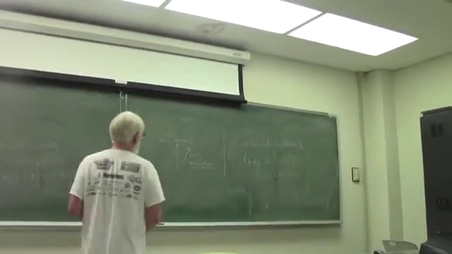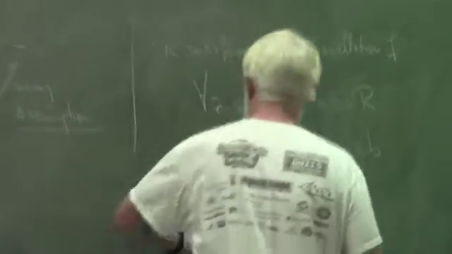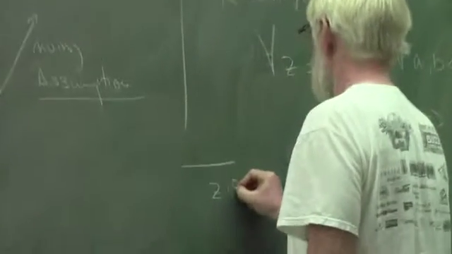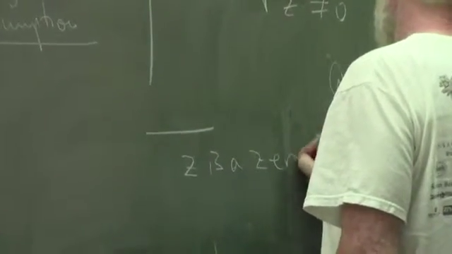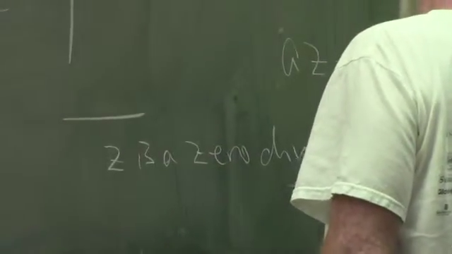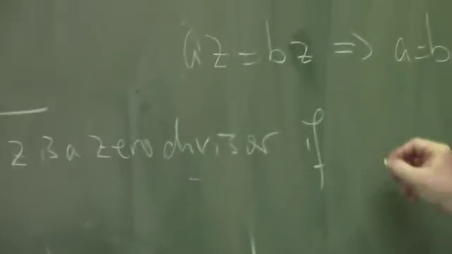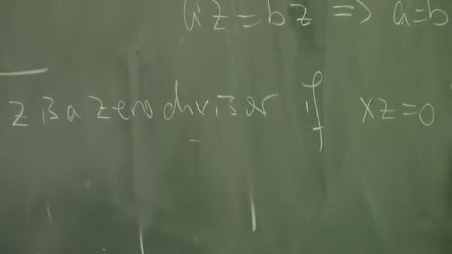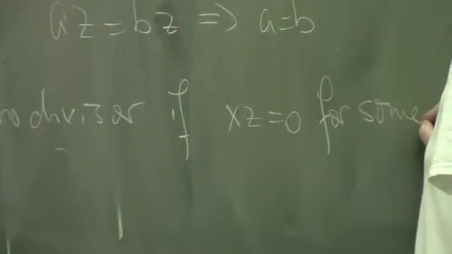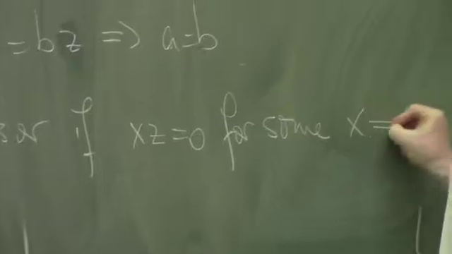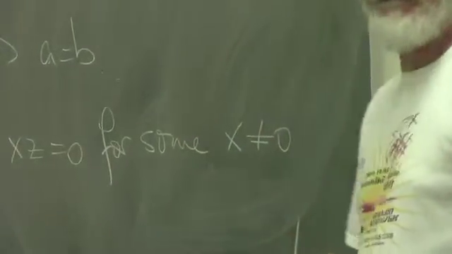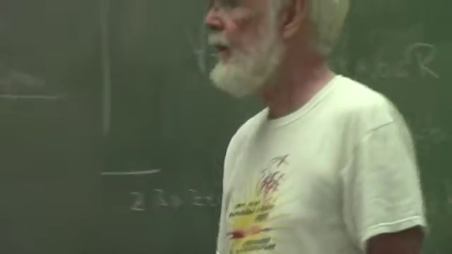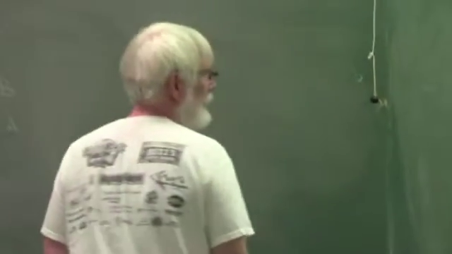Okay. So zero divisor. z is a zero divisor if xz equals 0 for some x not 0. Are x and z real numbers?